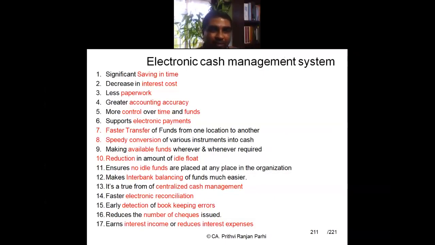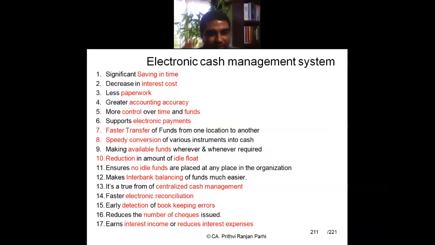It saves time, it decreases interest cost, less paperwork, better accounting and accuracy, more control over time and funds, supports electronic payments, faster transfer, speedy conversion of various instruments into cash, makes funds available whenever required, reduction of idle float, ensures no idle funds are invested then and there, interbank balancing is possible, right?